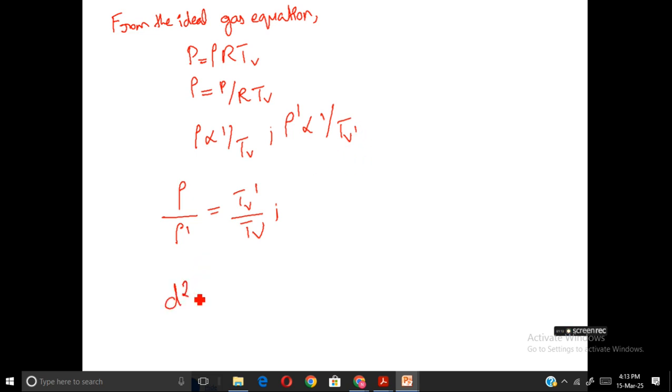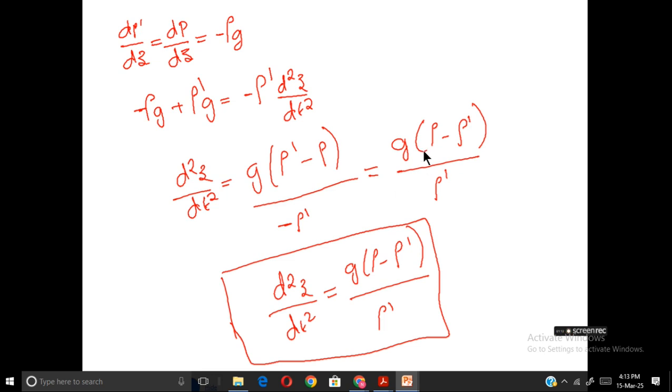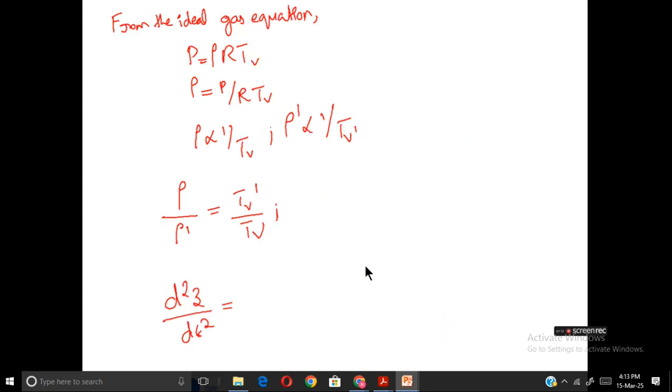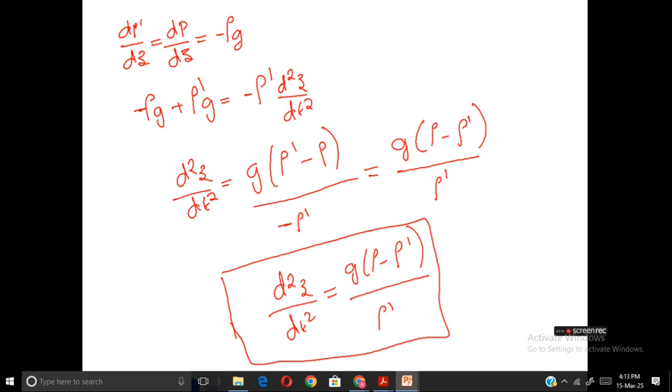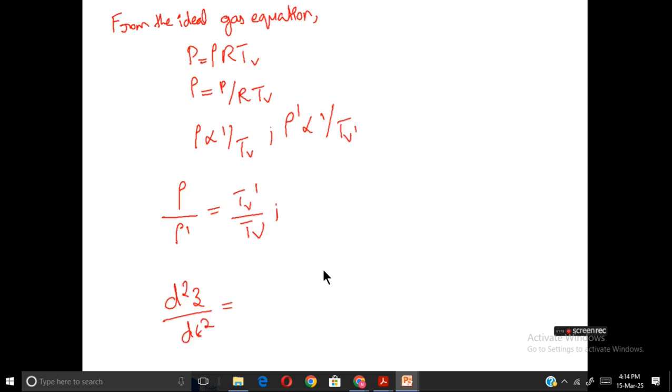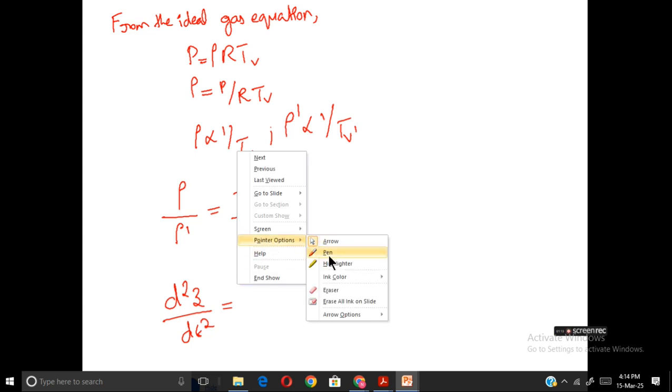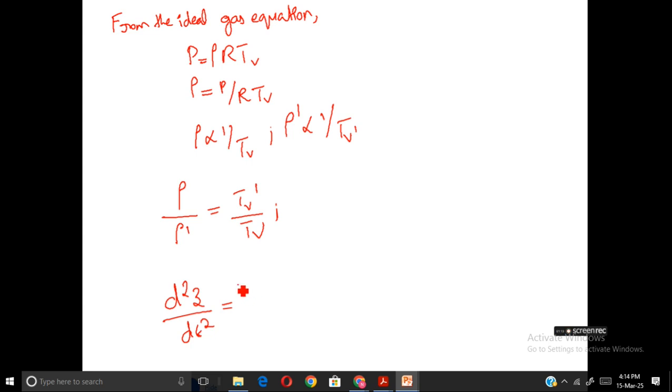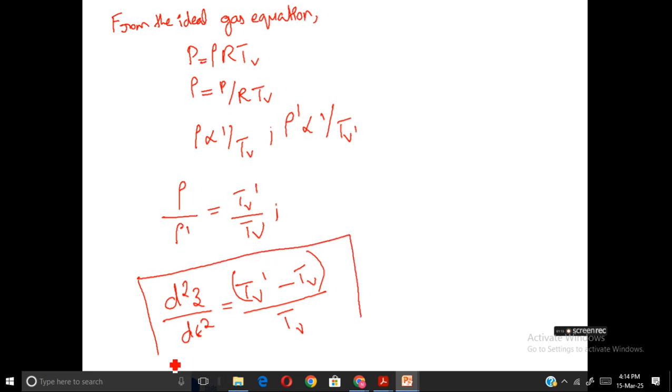Now we substitute this in our equation. D square z by dt square becomes, we are dividing each quantity by rho dash, so it will become g into TV dash minus TV by TV, so d square z by dt square is equal to g into TV dash minus TV by TV.